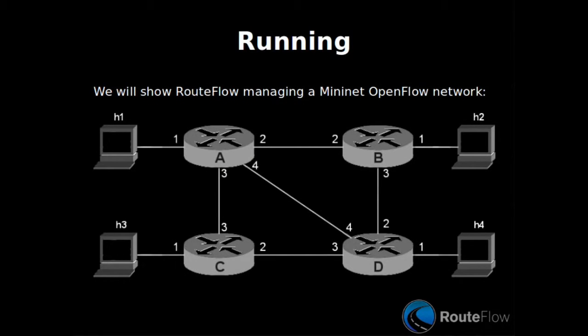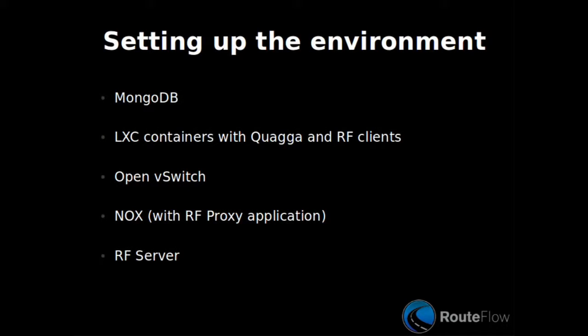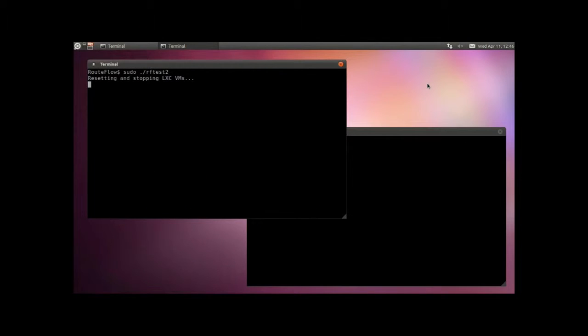Let's see RouteFlow in practice. We start by booting up the environment, which includes the Mongo database, the virtual containers running Quagga and the RouteFlow clients, the OpenVSwitch, Nox with the RouteFlow proxy application, and the RouteFlow server. Now we connect the OpenFlow devices.